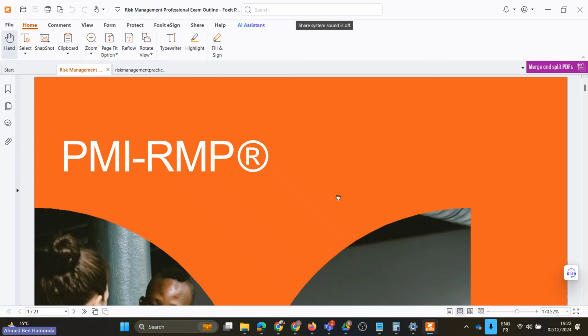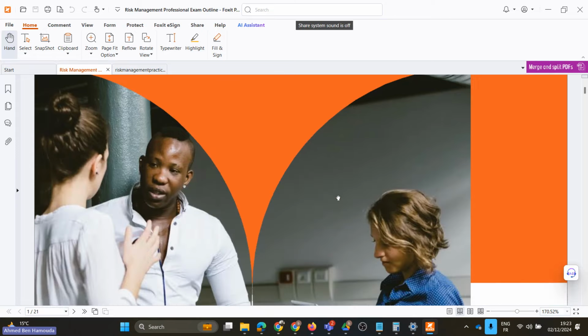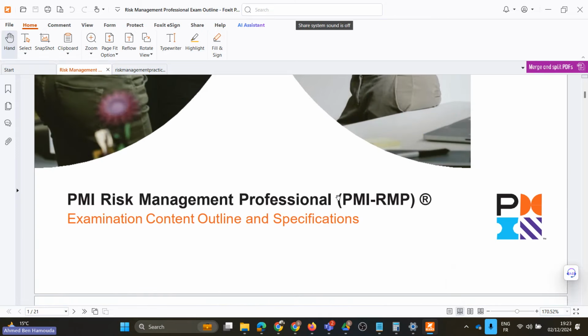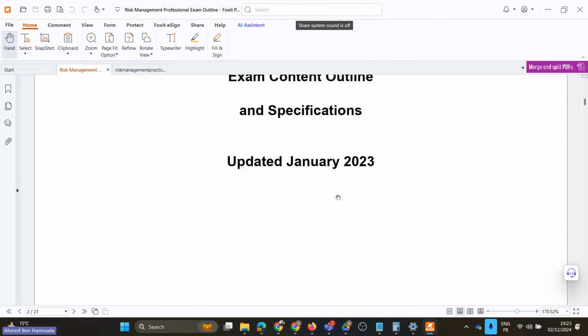Now, like any other certification on PMI's website, for every certification there is an ECO. Now, this ECO for the PMI-RMP was released, I think, last year, if I'm not mistaken. Yeah, updated January 2023. Actually, the RMP is not a new certification for PMI.